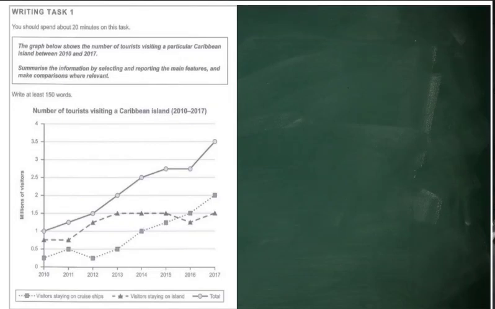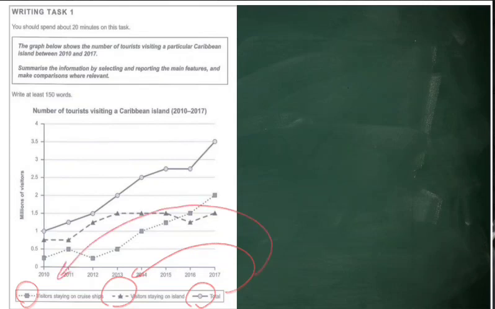And look at the indications here. They have given you visitors staying on cruise ships, visitors staying on the island, and the total. The total is definitely combining these two, which they have given in separate terms. So this is the total, this is your cruise ships one, and this is your island.